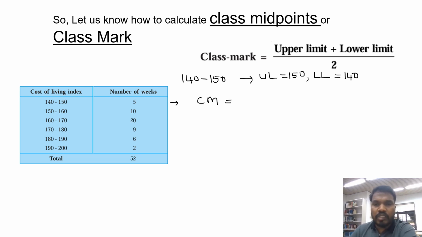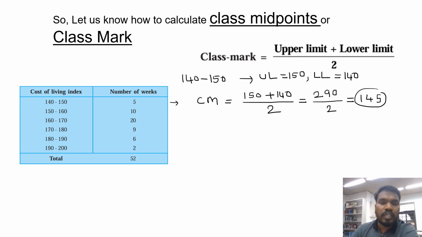Class mark is nothing but the sum of the upper limit and lower limit, divided by 2 always. So here it is 290 divided by 2, so it will be 145. 145 is the corresponding class mark for this interval.